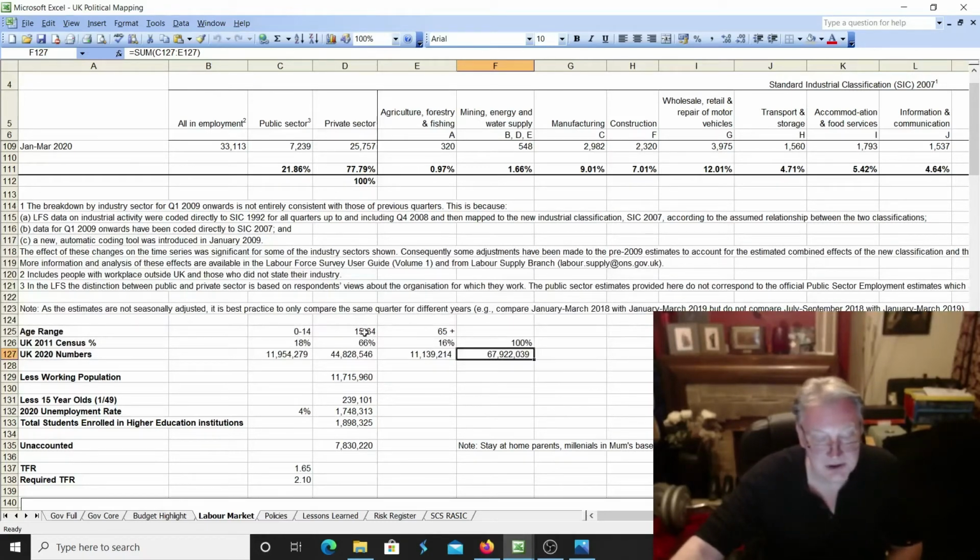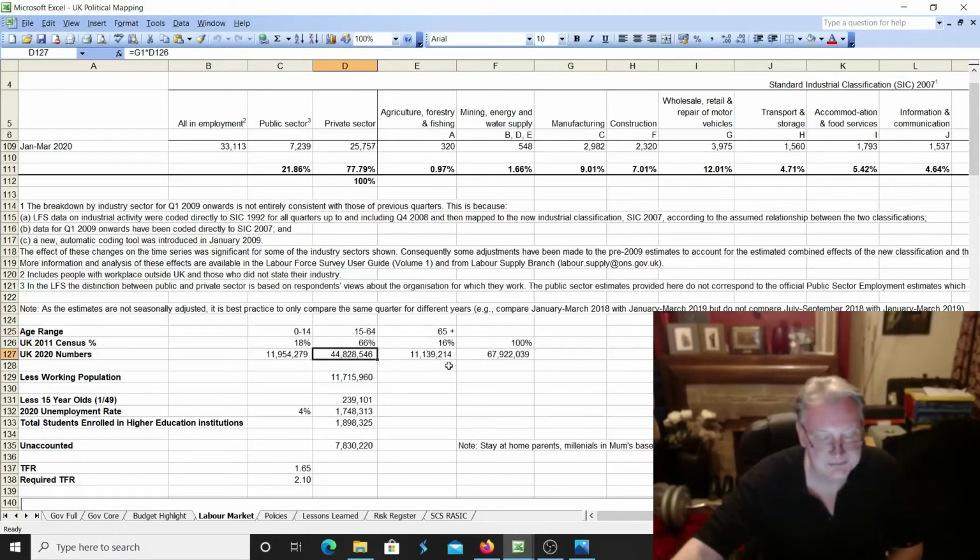So essentially we're looking at a workforce potential of 44 million people in the UK that are within this 15 to 64 age range.